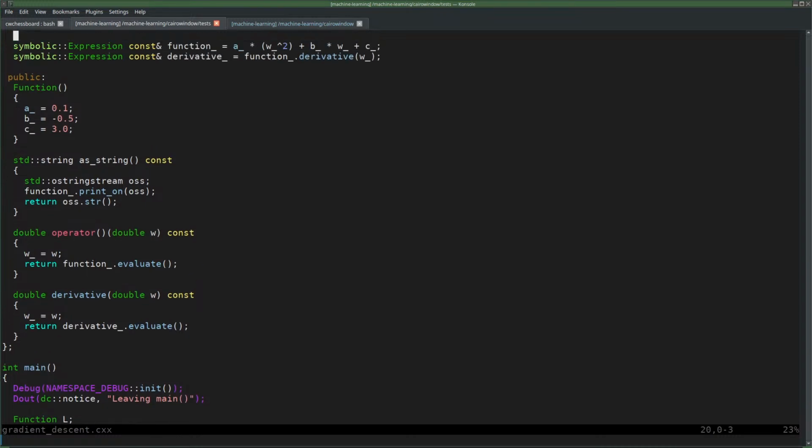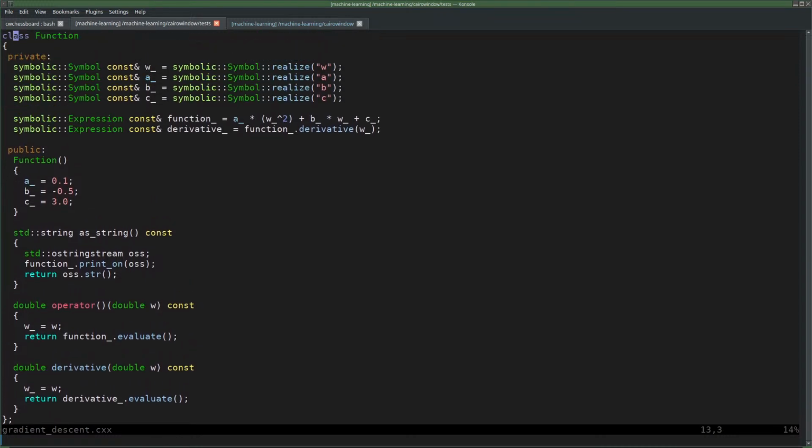A single symbol. Surely these are done in this order.